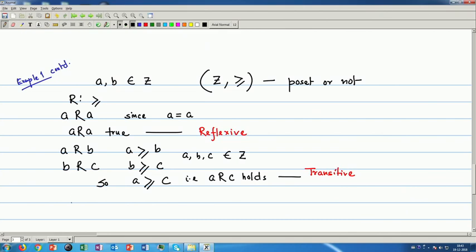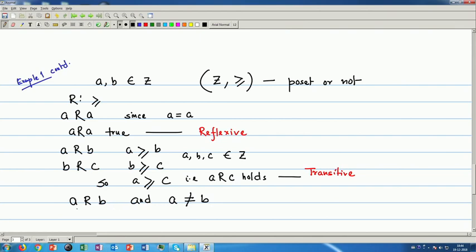Now, if I consider A R B and A not equal to B, since my relation is greater than or equal to, that means here I have to consider only greater than.